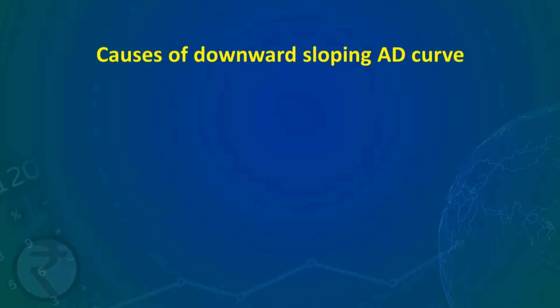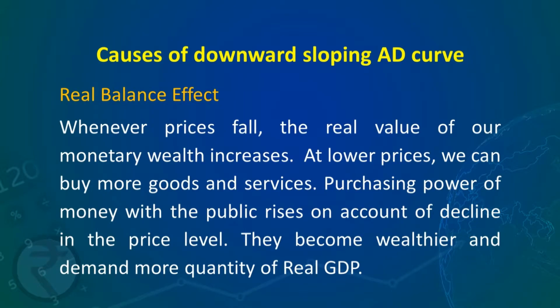Now, why does this aggregate demand curve slope downward, or what are the causes of the downward sloping aggregate demand curve? Number one reason is the real balance effect. Whenever the prices fall, the real value of the monetary wealth increases.